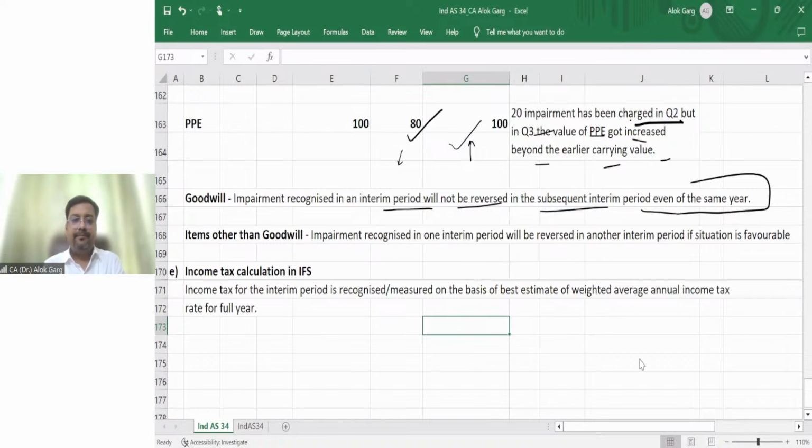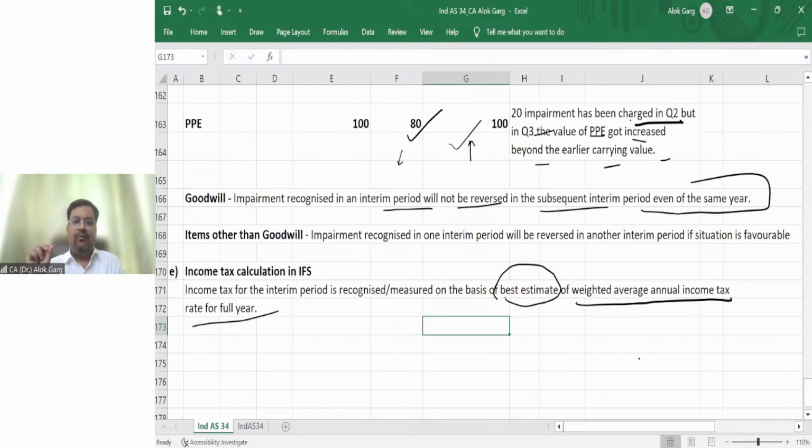So friends, the standard says that income tax for the interim period is recognized or measured on the basis of the best estimate of the weighted average annual income tax rate for the full year.